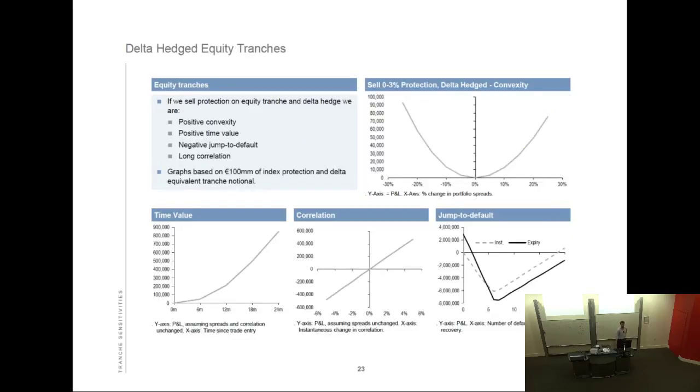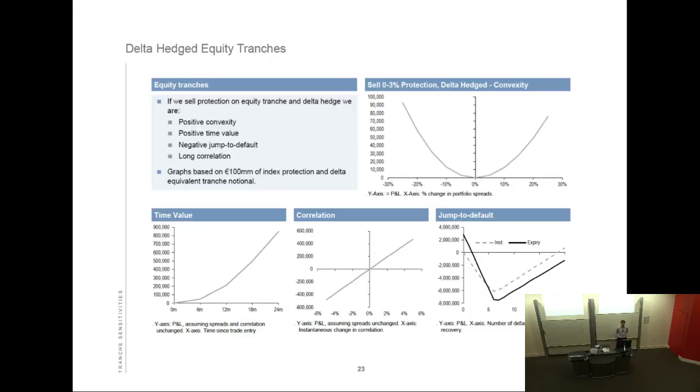Okay, so that's pretty clear. Delta hedge tranche, correlation exposure: let's say we're selling equity protection and buying index against it, correlation exposure is positive. Correlations go up, that's good for us.